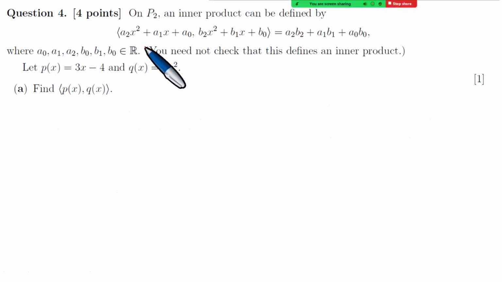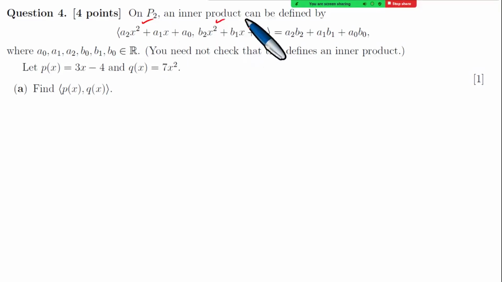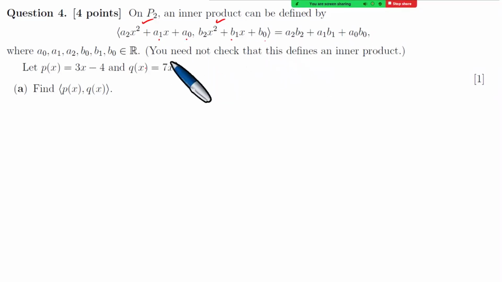Okay, let's look at the inner product. This inner product is defined by, when you take the inner product of a polynomial of degree 2 and another polynomial of degree 2, you just multiply A2 with B2, A1 with B1, and A0 with B0. That is the rule, where the coefficients A's and B's are real numbers.